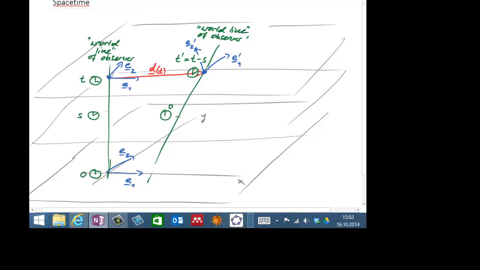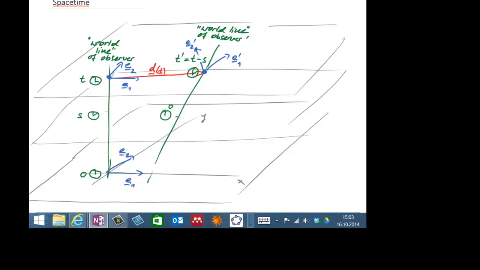So this is the world line of my colleague, and his or her basis and clock, and then last thing, and then we have a little break. What do we want to do, my colleague and I? We want to describe the motion of a mechanical body.